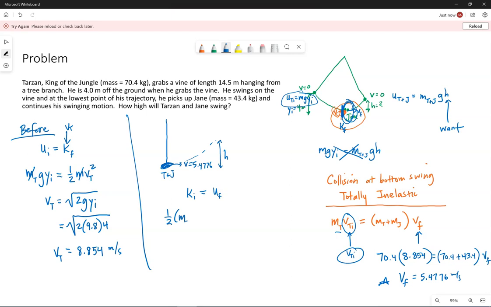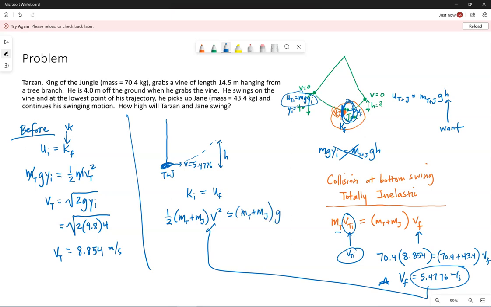So 1/2 of the total mass of them together times this speed squared is going to turn into their combined mass times g times y final, which we're calling h.